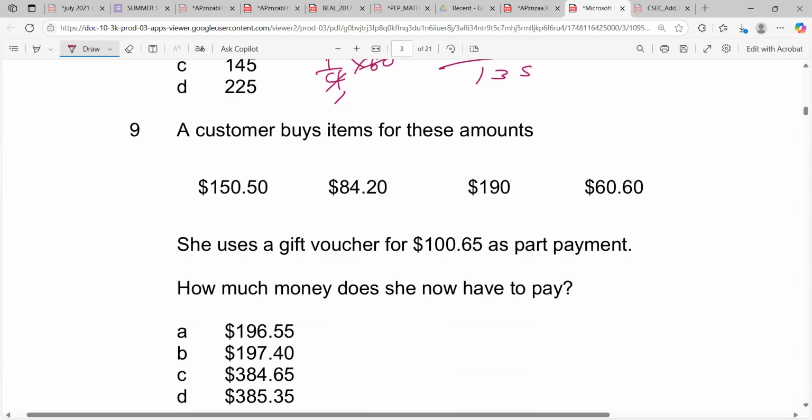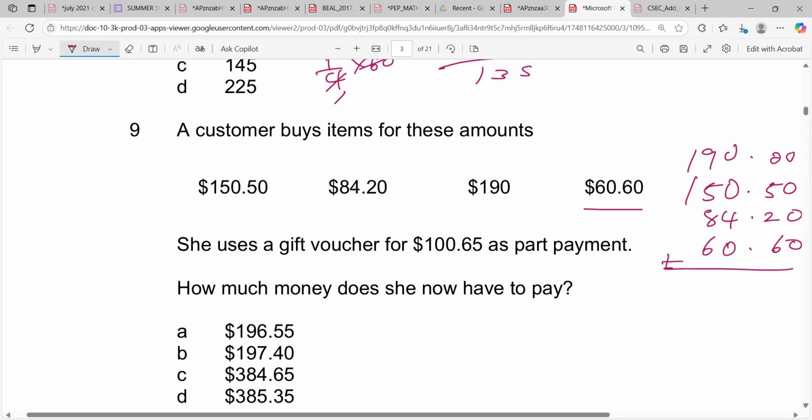Number 9 says a customer buys items for these amounts, and basically we have 150.50. Then we have 84.20. We'll just put the 190 at the top. And then we have 660. So the rule is decimal point under decimal point, right? So this is 0. 6 and 2, 8, and that 13, 3 carry the 1.